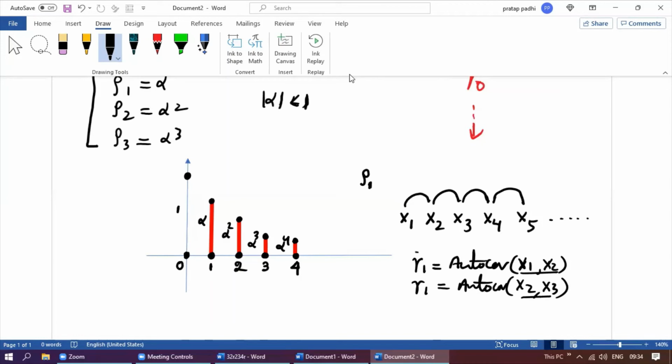So gamma 1 means autocovariance between this to this, this to this, this to this, that way. The one time lag link, relation. Rho 1 means autocorrelation, gamma 1 means autocovariance. That is the difference.